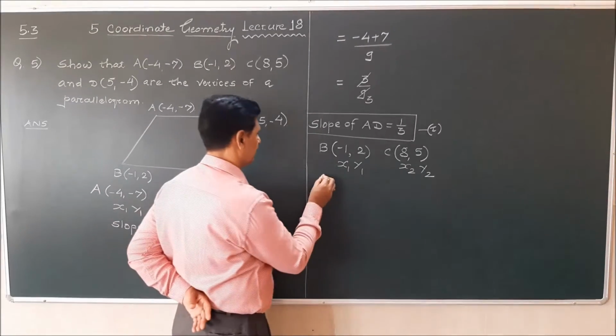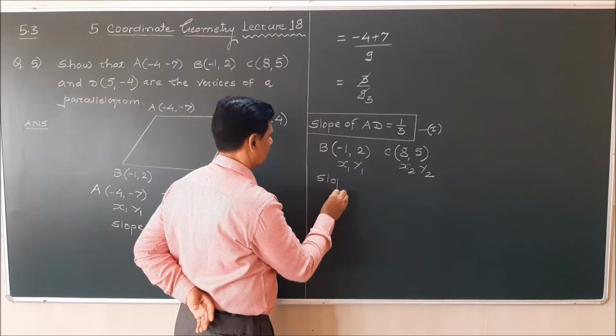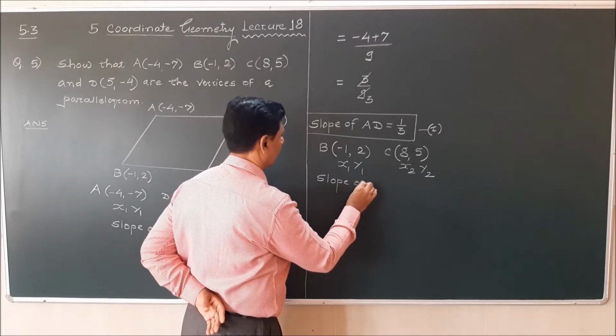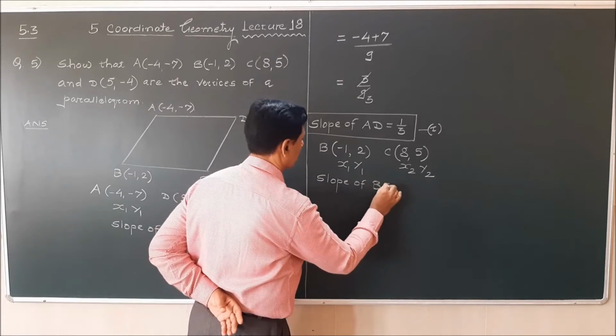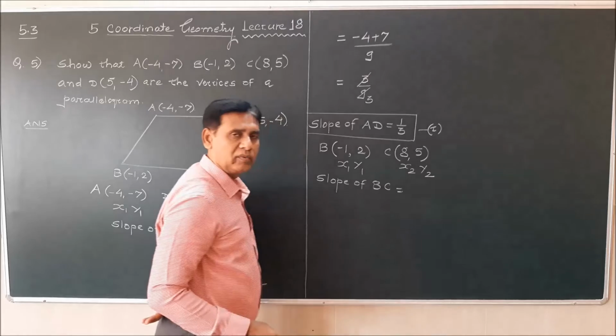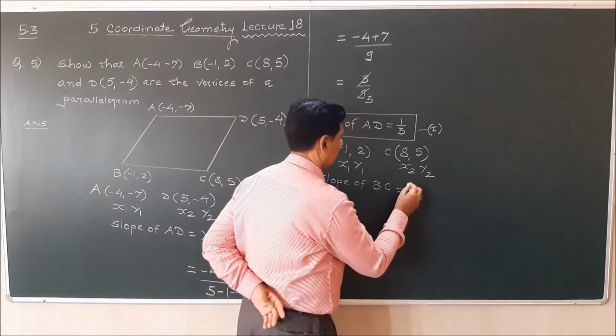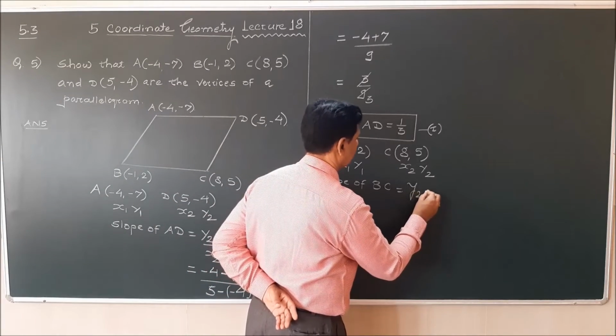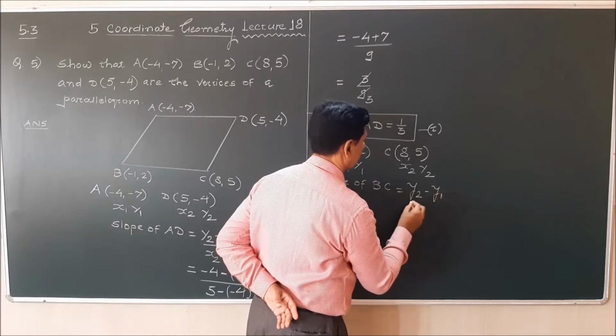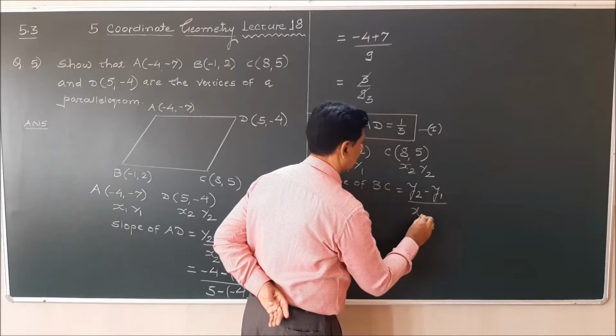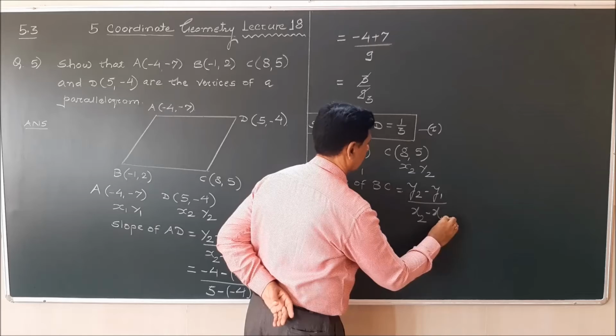Slope of BC is equal to, the formula is the same, y2 minus y1 upon x2 minus x1.